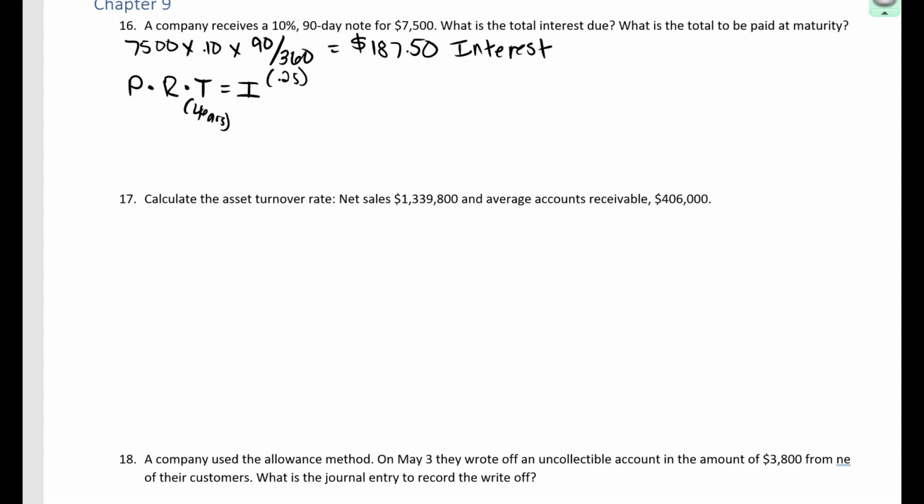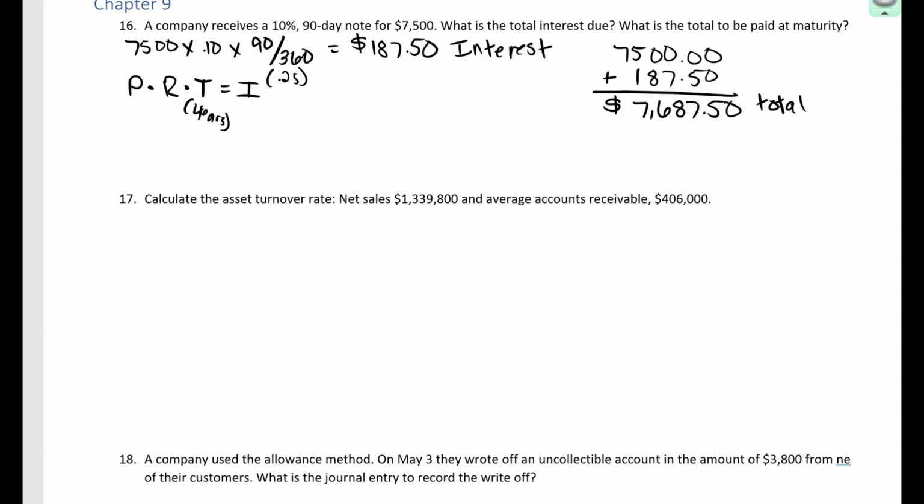Then what is the total paid at maturity? Now it happens 90 days after. The note is going to have to be paid back of the $7,500 plus the interest of $187.50. The amount at maturity that's going to be paid back is $7,687.50.